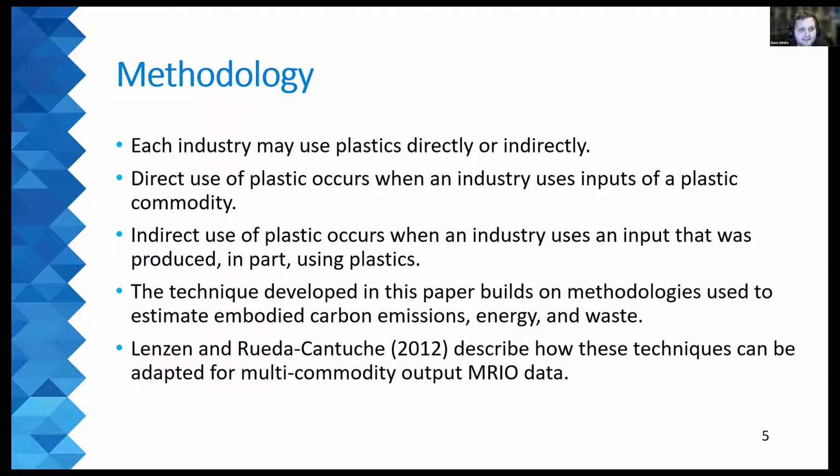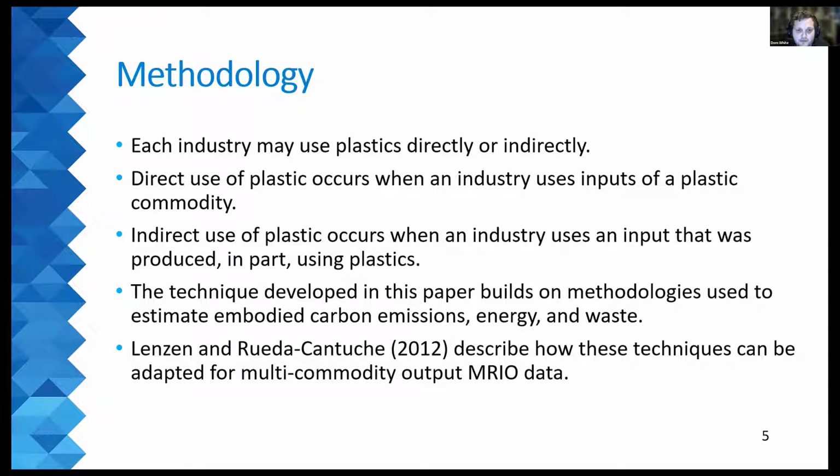Now, to determine the plastic intensity of each industry, we had to consider the use of plastics both directly and indirectly. A direct use of plastic occurs when an industry uses inputs of a plastic commodity. So, for example, if we're thinking of fiber, yarn, and thread mills as the industry, and they use plastic fibers and filaments as an input into production, that's a direct use of plastic by fiber, yarn, and thread mills.